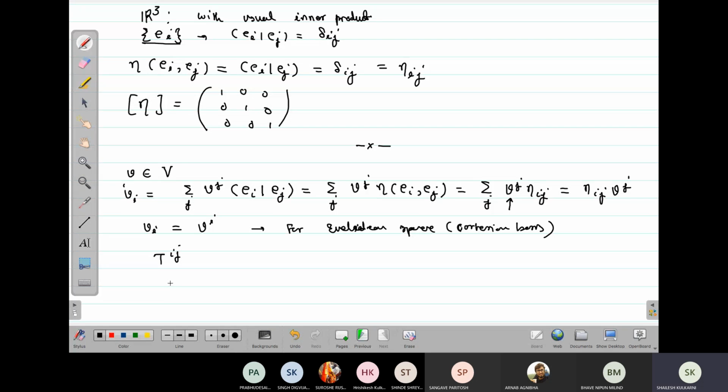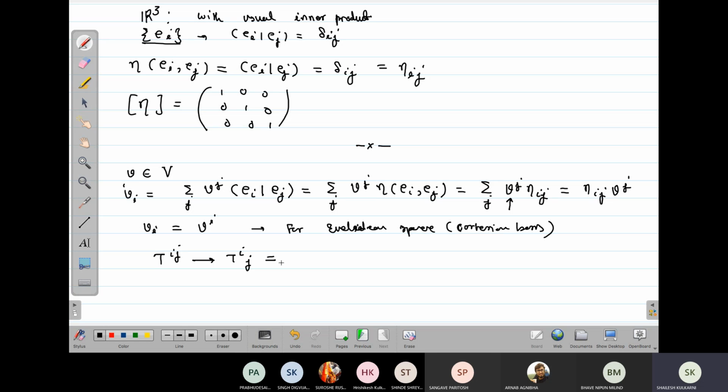Suppose I want to lower this index j, what object will I get? By lowering this index j, I will get an object T i j. How can you lower this? How can you lower this index?